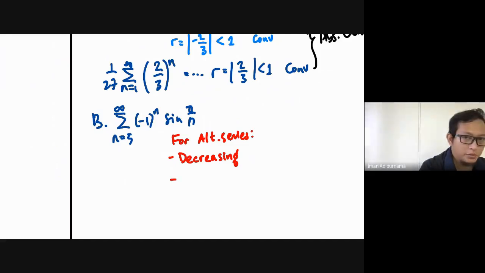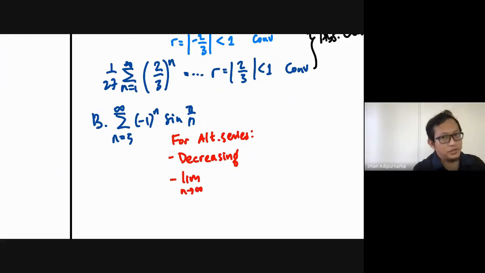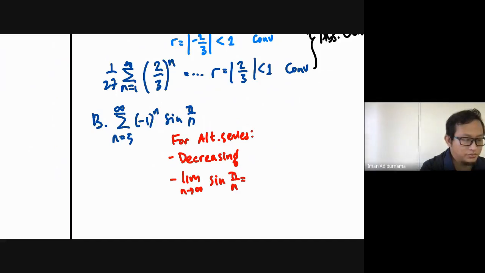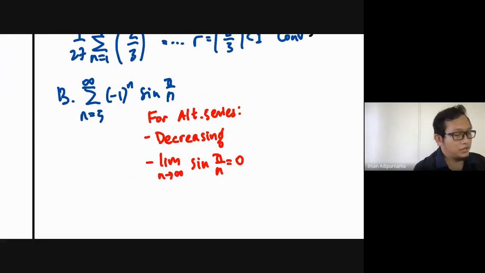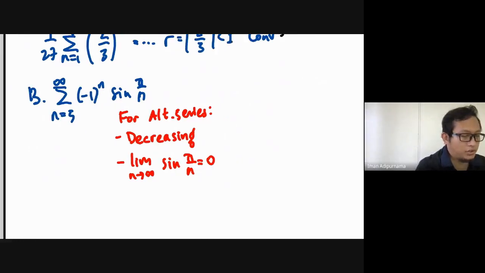And the second requirement is that the limit as n approaches infinity should be 0. And of course, the second one is true.